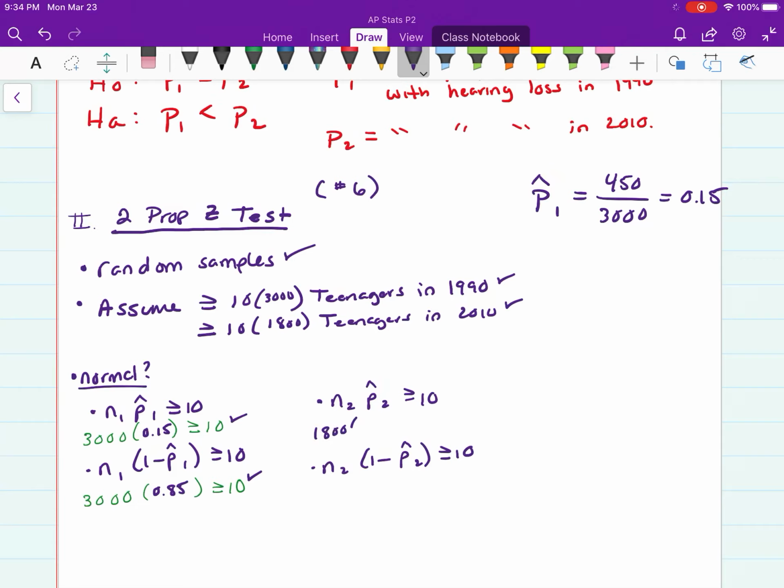Sample size 2 is 1,800. P hat 2 would be, out of those 1,800 teenagers from 2010, it said that 351 reported hearing loss. So that is a sample proportion of 0.195.